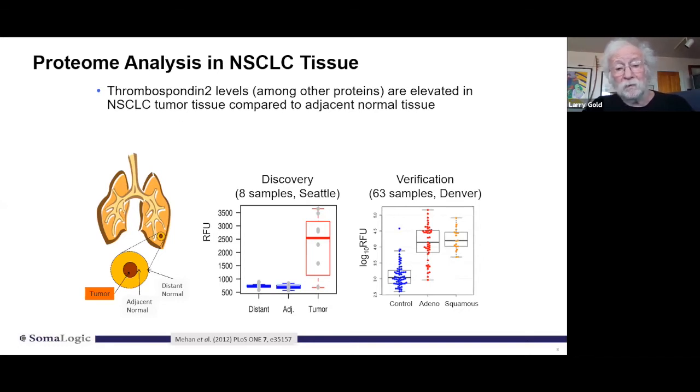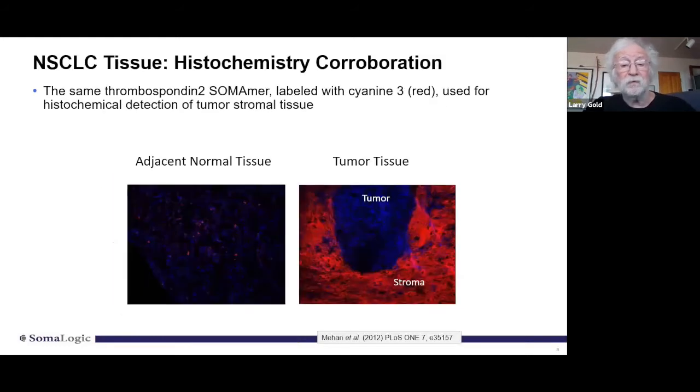Then we get to the confirmation of this. So thrombospondin 2 is an important protein. And in the next slide, again, old data, the very same SOMAmer that was used to see the increased concentration of thrombospondin 2 in tumors was used to stain the tumor. You can do that.